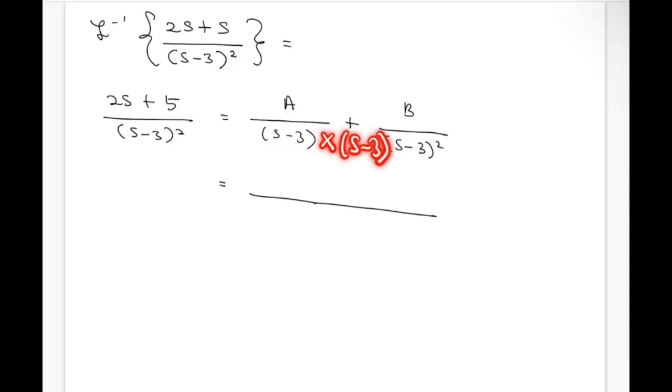So if we multiply the denominator by s minus 3, the numerator also gets s minus 3. This side, we don't need to multiply with anything because we already have (s minus 3) squared. So here will be a times (s minus 3), here will be b.